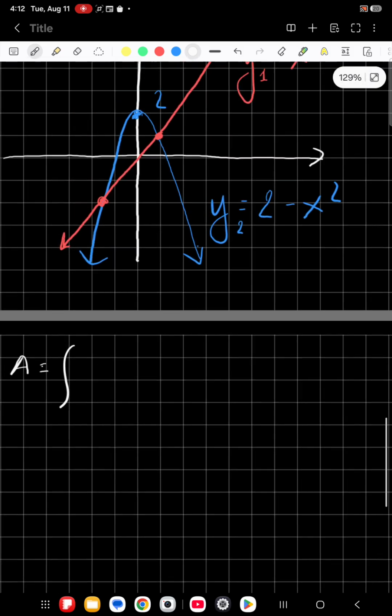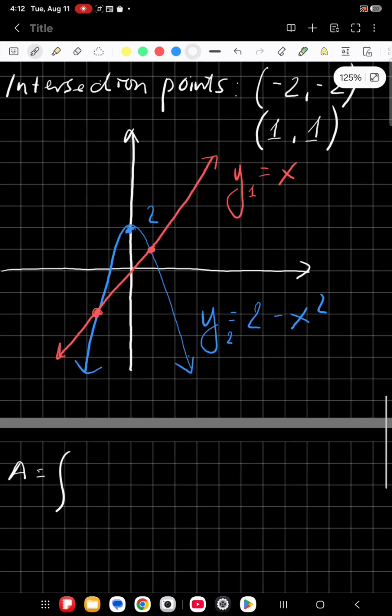So let's write that integral for area. The interval will be the x's. In our case, the x's and y's are the same, so it doesn't really matter, but in most cases the x's and y's are not the same.